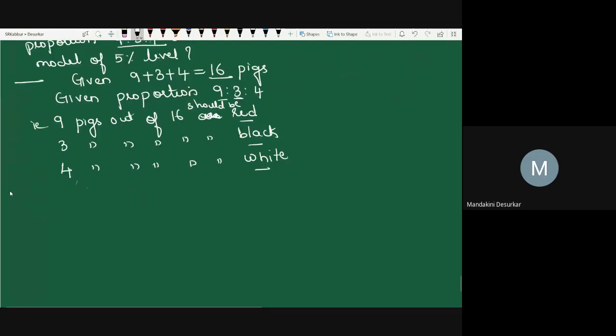Therefore, how many pigs are there in total? Out of 64 pigs, what should be the answer? 9 pigs out of 16 is 9 divided by 16, 3 by 16, 4 divided by 16.